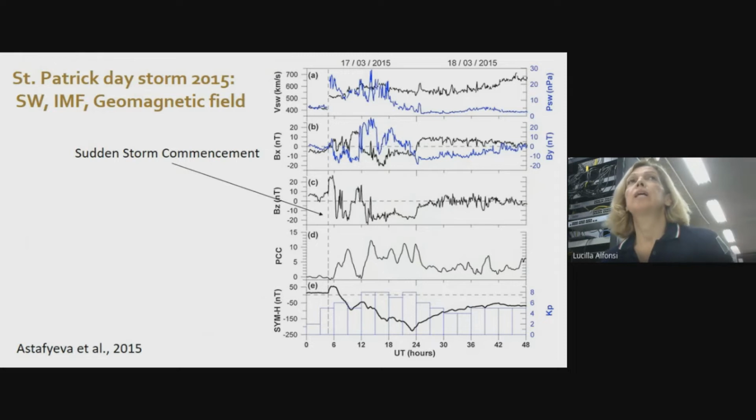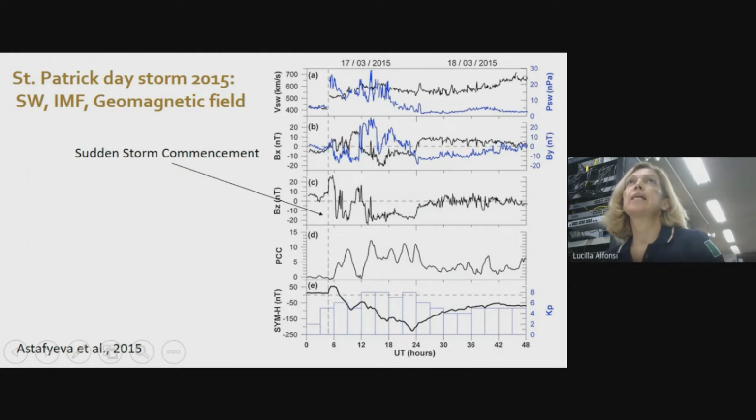And looking at this very famous paper published by Astafieva and colleagues in 2015, we can have a general description of the storm. So let me use the pointer to help you to follow all the description.